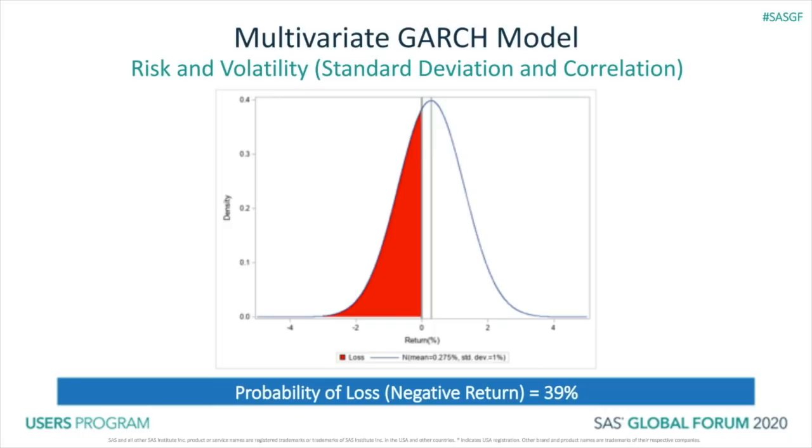If you invest in this one, you have a big chance, 39%, to get some negative returns. It's shown in the red area. And that is the risk. You get some loss. So we quickly link the standard deviation to the risk. The bigger the standard deviation, the bigger the risk of getting a negative return. And how does the correlation get in?